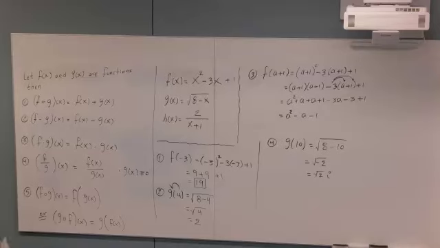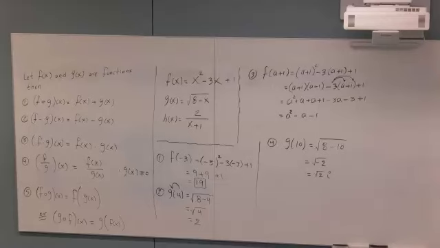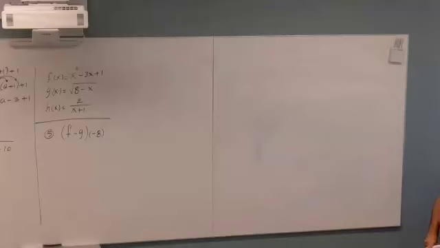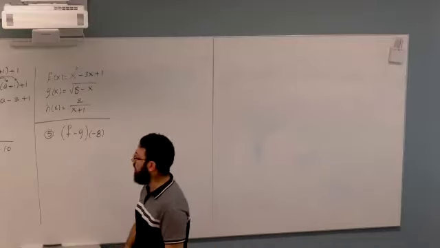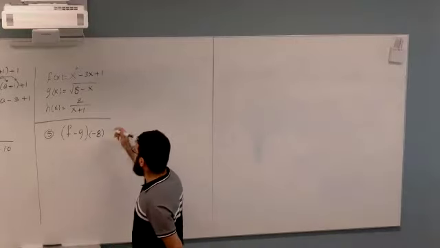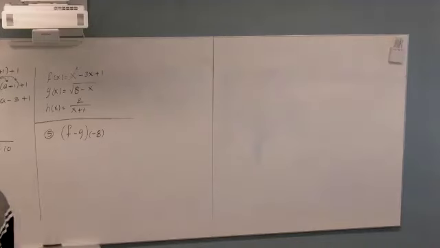Number 5. So don't confuse yourself if you get questions like these: f minus g of negative 8. Don't worry about the number. F minus g, if you go back to the rule, it says what?